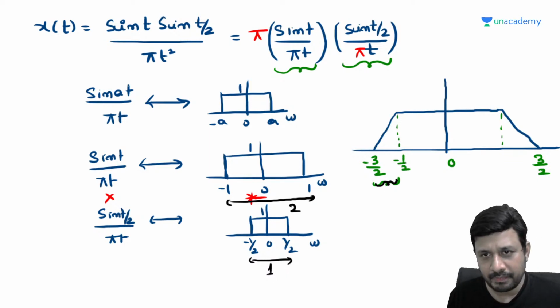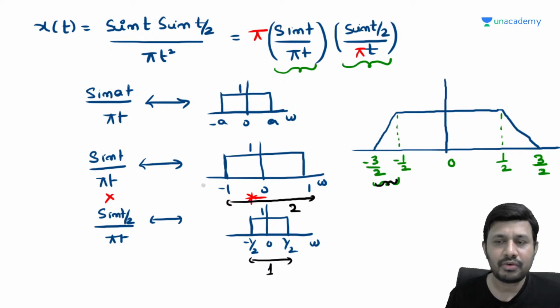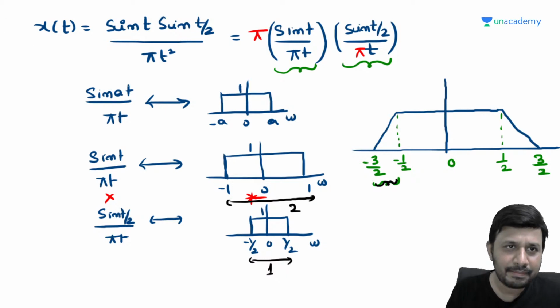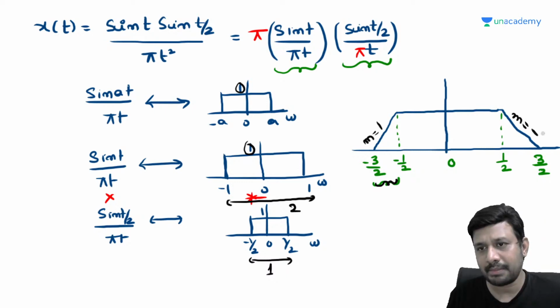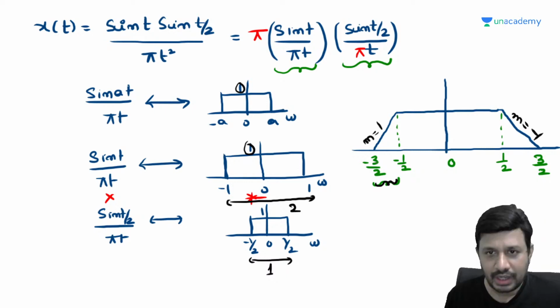Minus 1 by 2. With symmetry this is 1 by 2. Now if I want to know the slope of this line, simply multiply this amplitude with this amplitude. Slope is 1. Here if I want to know the slope, multiply the amplitude with the negative sign.